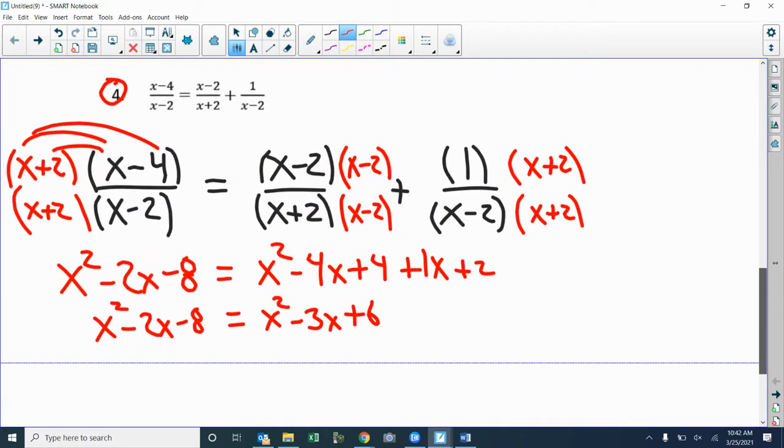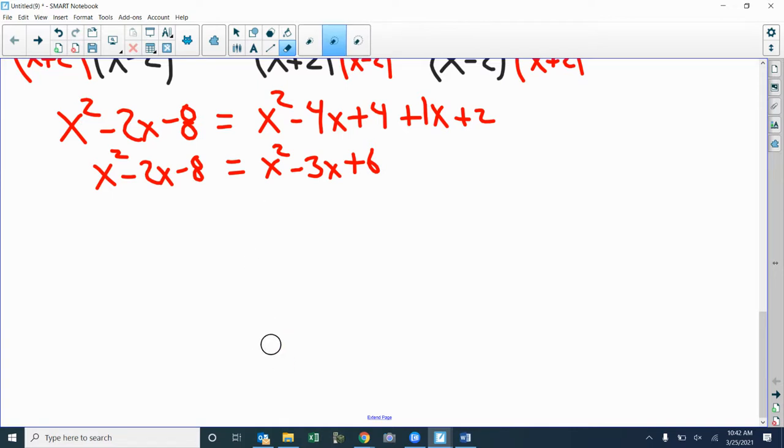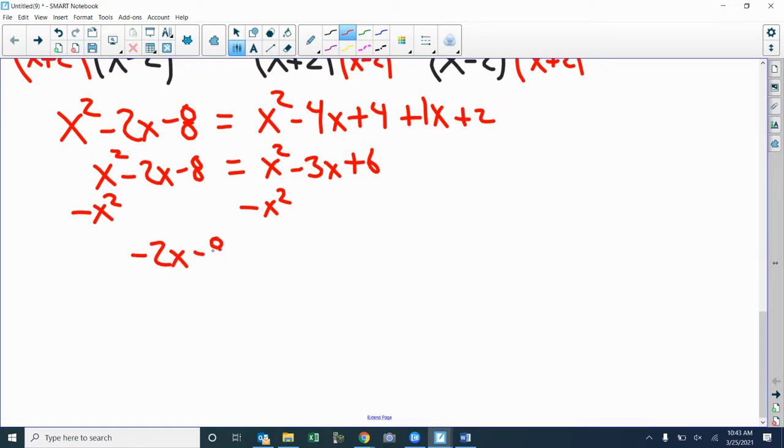Keep that original problem best we can. I'll subtract x squared. Oops. I'll subtract x squared. Well, that's a pleasant sight to see. The x squareds are gone, so we don't worry about quadratic now. So now I'm down to minus 2x minus 8 equals negative 3x plus 6.